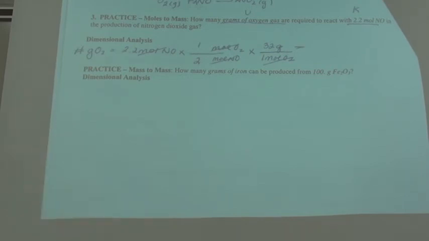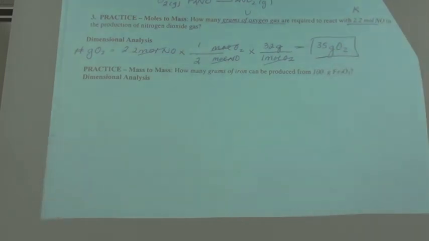The sig figs are ruled by the number of sig figs in the known in your problem. These are all exact numbers. They do not play in significant figures. 2.2 times 1 times 32 divided by the quantity 2 times 1 is 35 grams of oxygen gas that are produced. Okay.